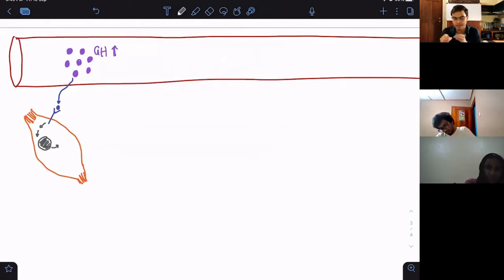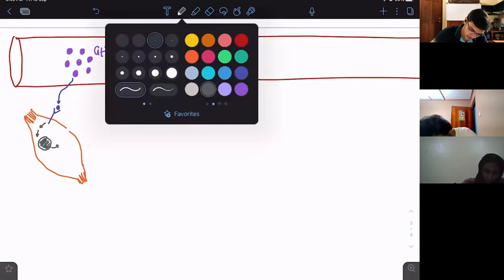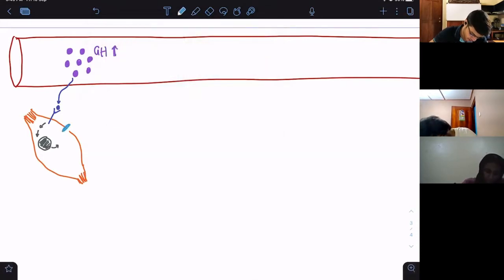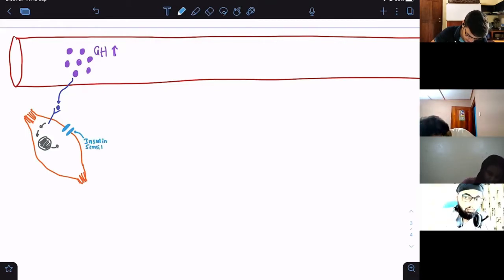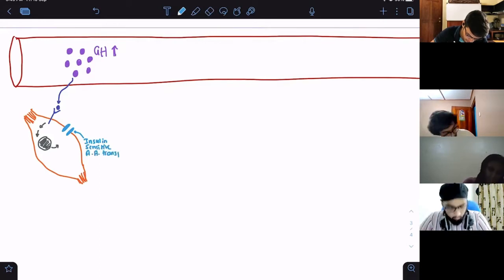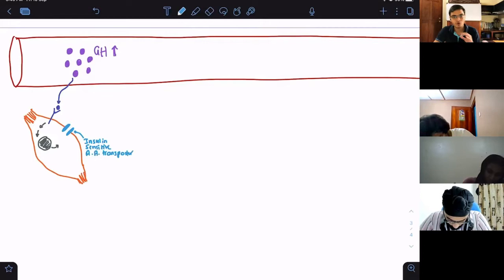One such protein that is produced, guys, is a special transporter. It is going to produce a special transporter on this muscle. What is this transporter, guys? This is an insulin sensitive amino acid transporter.